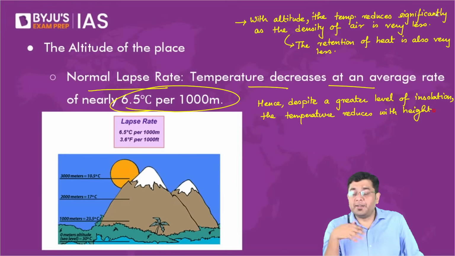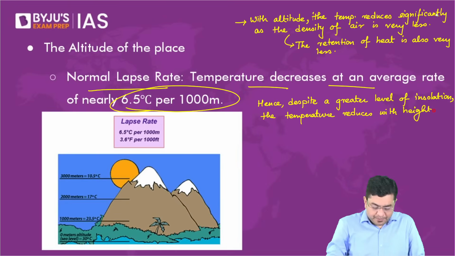It is only during the winter months that almost every portion is covered with snow, but in summer months it is not. So in that case, the factor of albedo doesn't come into place. So that is basically dependent upon the density of air particles. Okay. Insolation is the total amount of solar radiation received in a particular area for any set amount of time.